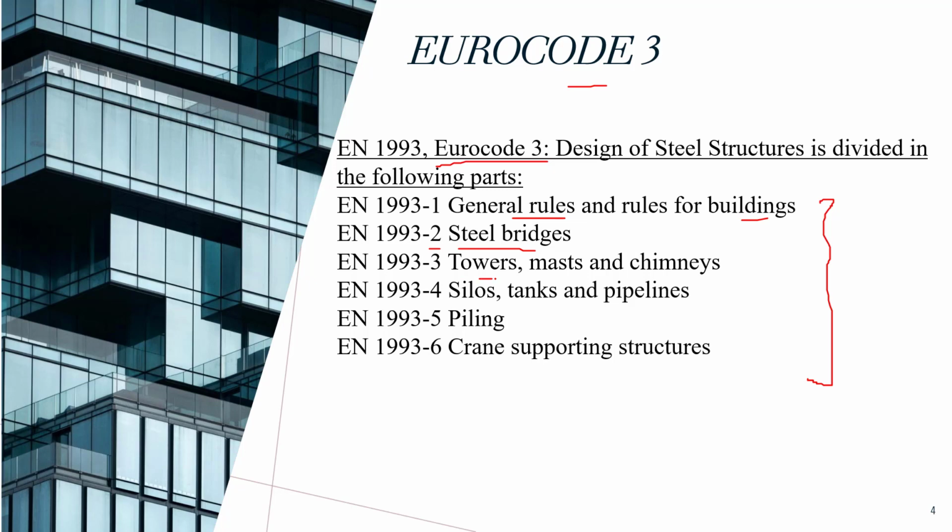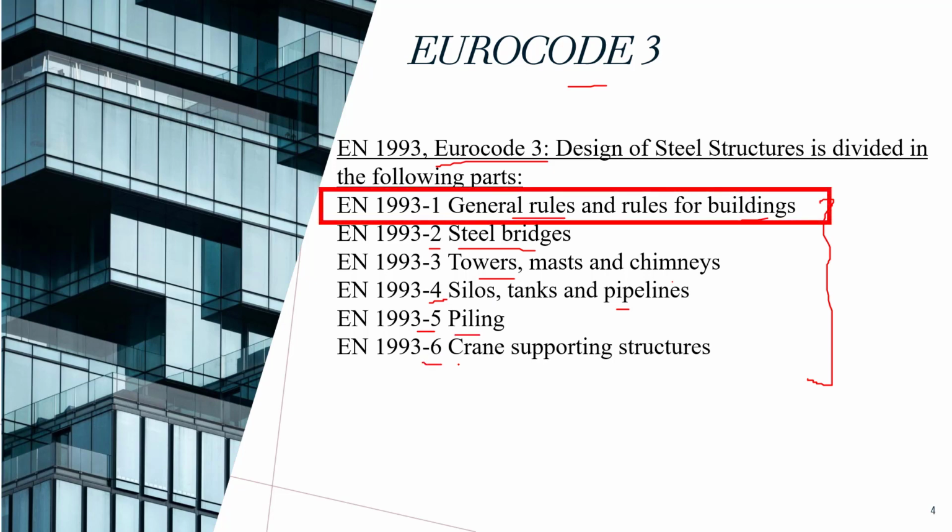Part 3 covers towers, masts, and so on. 1993 part 4 covers silos, tanks, and pipelines. Part 5, piling. Part 6, crane supporting structures. We will focus here on 1993 part 1, the general rules and rules for buildings.